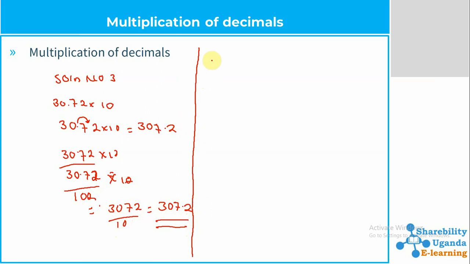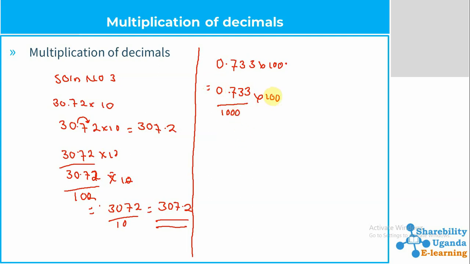Okay, so let's also try out another number, which is 0.733 times 100. Okay, so now here we can say this is the same as 733 out of 1,000 times 100.